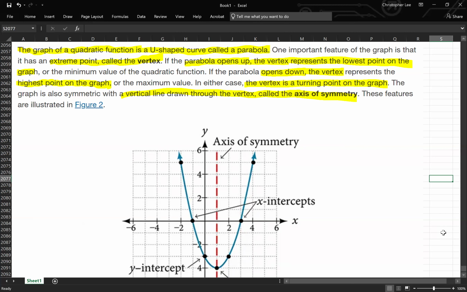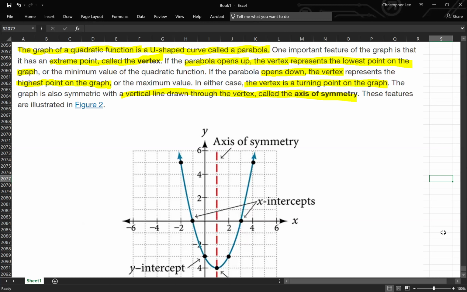If the parabola opens down, then the vertex represents the highest point of the graph, or the maximum value. In either case, the vertex is the turning point of the graph.